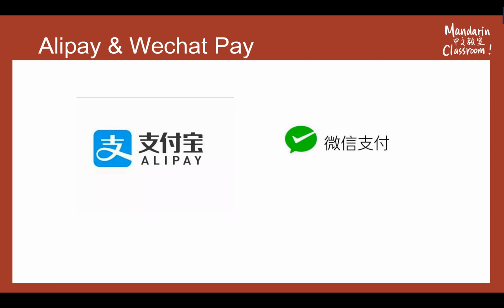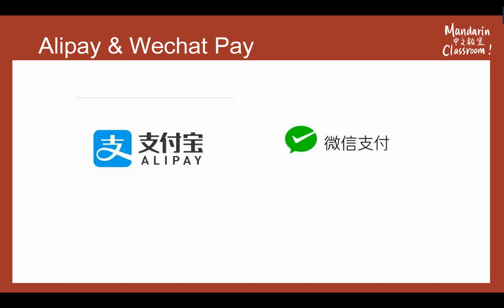Like Alibaba Express and Taobao, you have to use Alipay to pay. They have a lot of discounts and activities, so I usually buy stuff on Taobao.